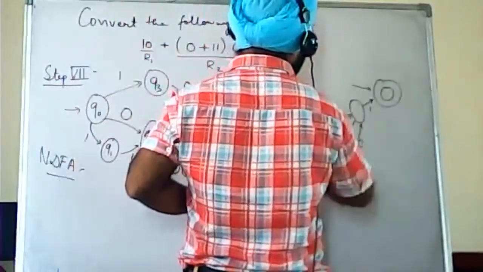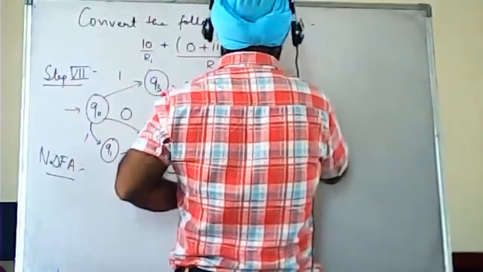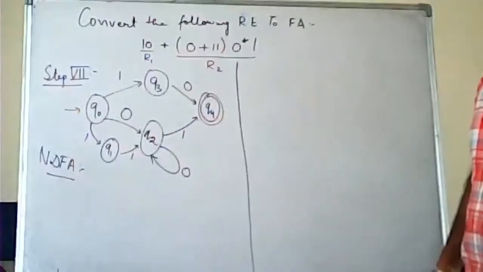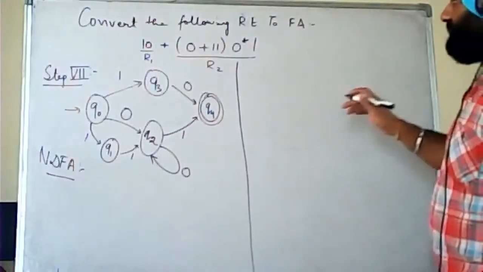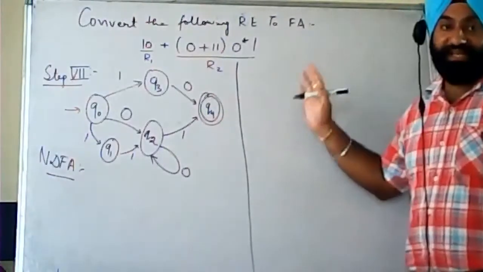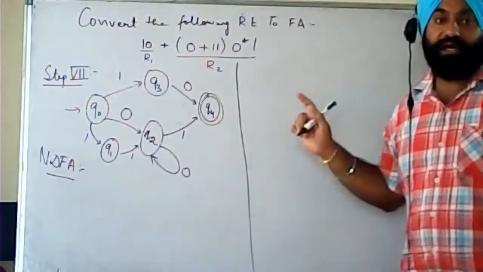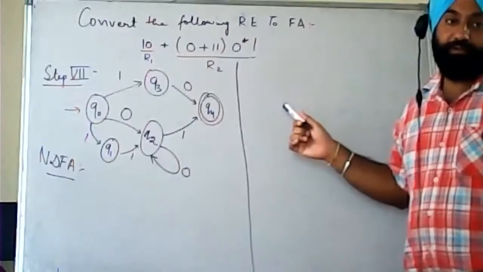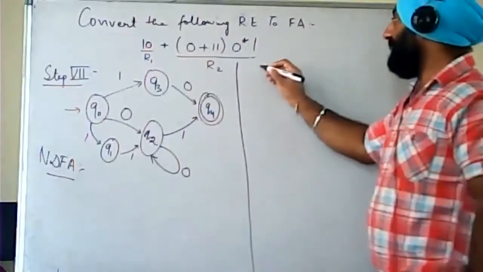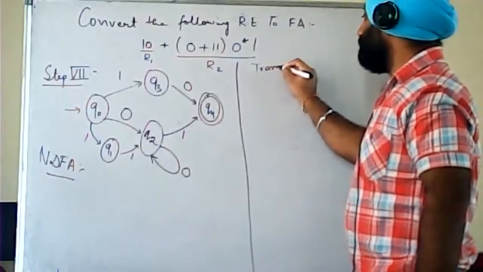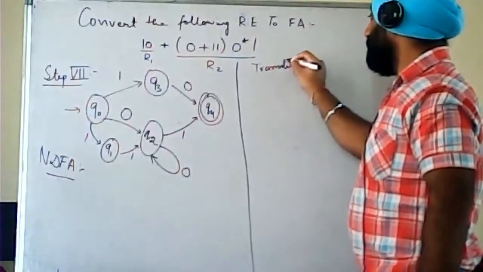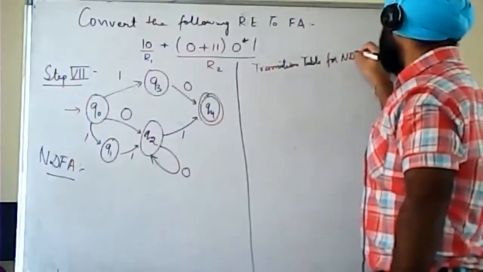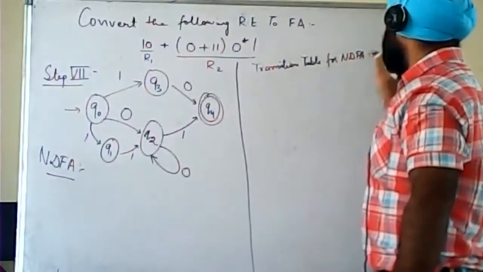So you need to construct the corresponding transition table for NDFA. After that, you will have to convert that table into the DFA and then draw the corresponding transition diagram from that particular table, right? So first of all, make one transition table for this NDFA diagram, right?